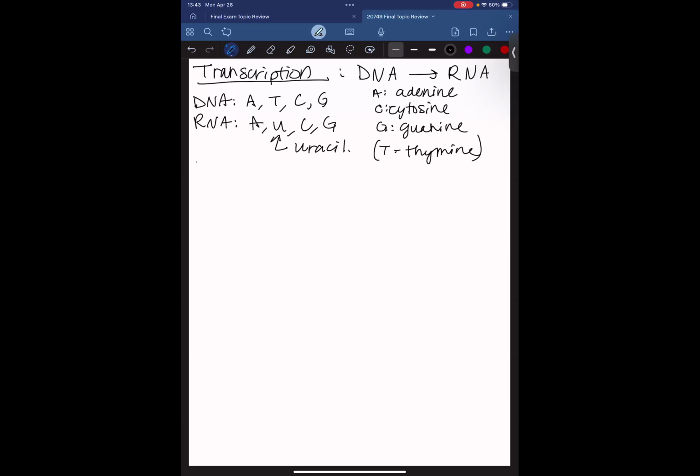All righty. So let's say that this was your DNA, and our DNA sequence read, just give it 6 because I don't want to do too many, A, G, A, C, T, T. Then the opposite strand would be T, C, T, G, A, A. And this would be what we would be doing for replication.